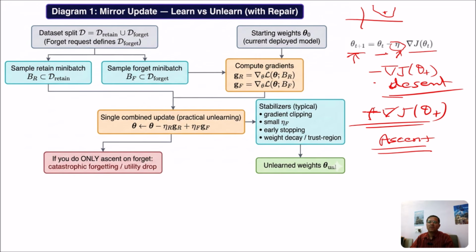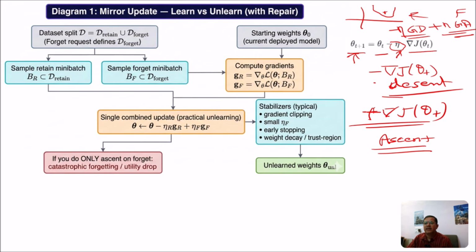Now we convert this traditional deep learning training equation, where we have just the learning rate times gradient descent. If I say gradient descent is GD, then we add a new term, gradient ascent, meaning we add a forgetting part also.